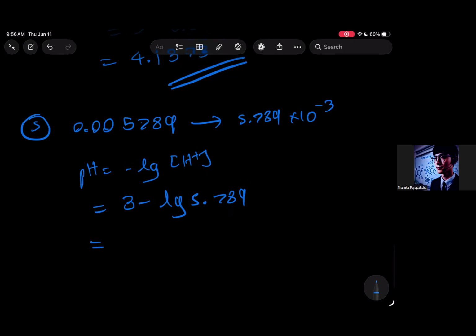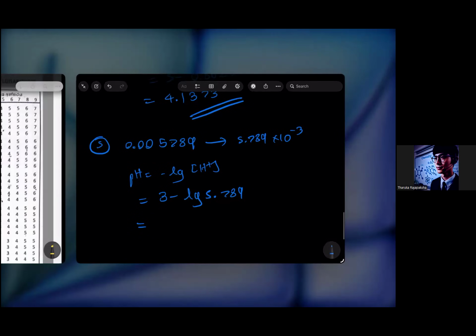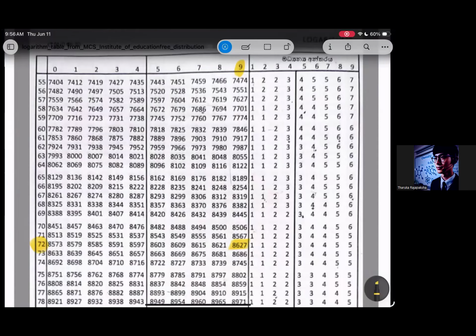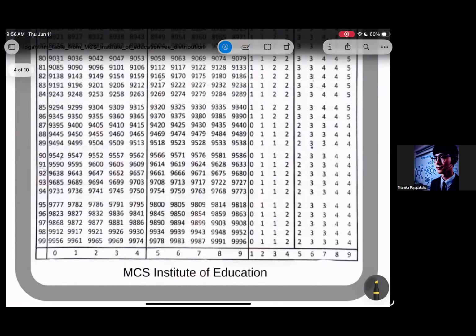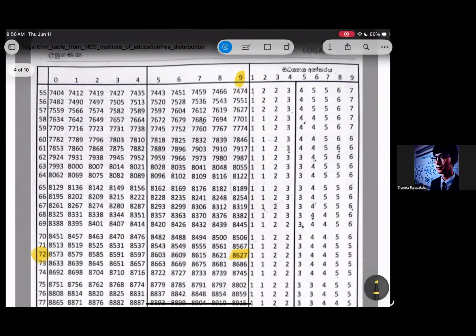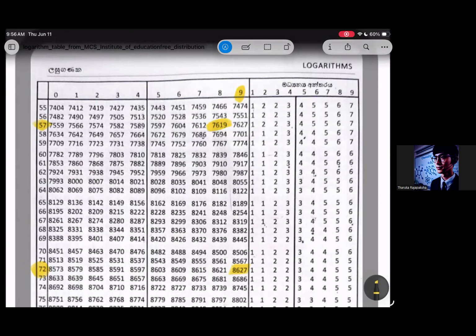Now for the log of 5.789, first we have to go to the 57 row, right? 57 is this one. 5.78 and 9. So 8 is this, so the corresponding value is this, right? There's another value which is 9, so we have to take it from here.